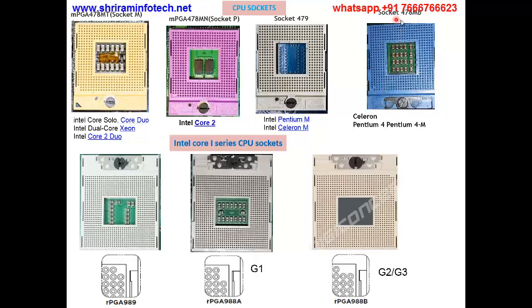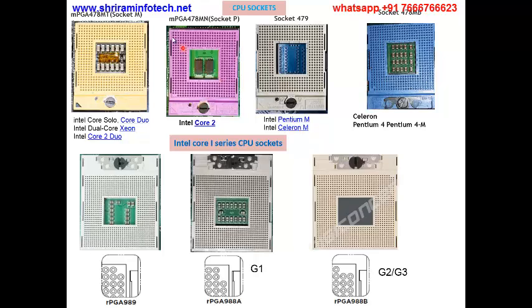In 478 MB, the processors used are Pentium 4 or Pentium M in old processors. Then the next socket is called the 479. One pin is missing here, and the 2 pins missing in a triangle. It takes the Pentium M and Celeron M.